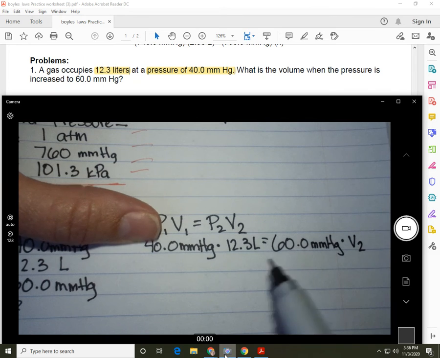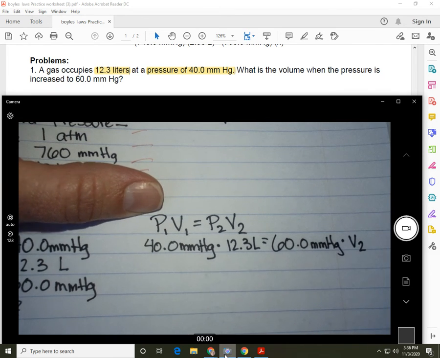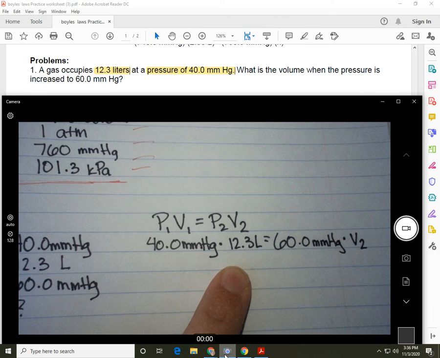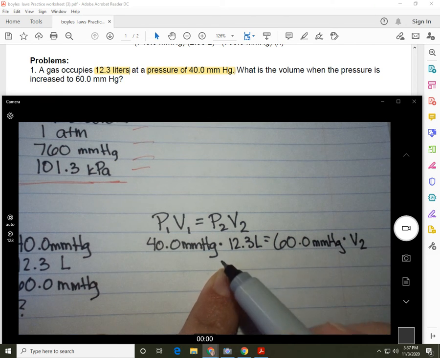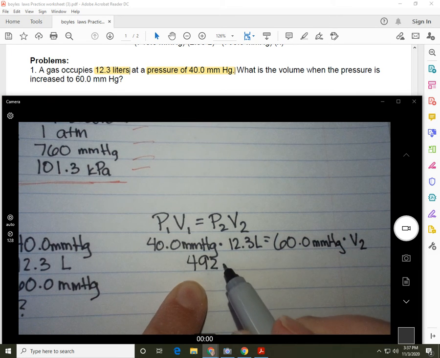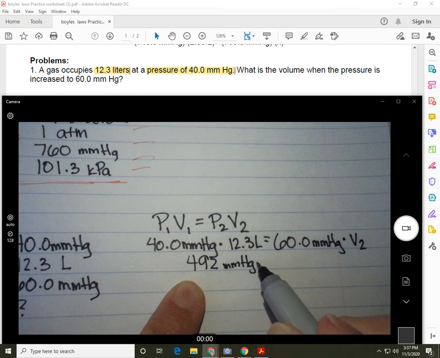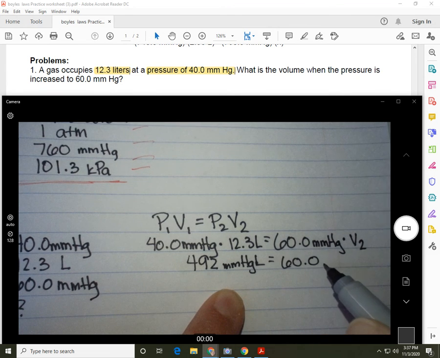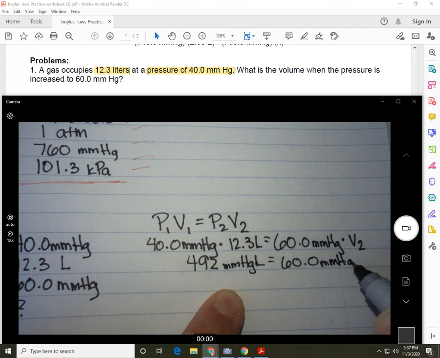So let's see, what can I do? I can go ahead and multiply these two numbers here. If I multiply 40 times 12.3, I'm going to get 492. And I need to keep my units. I haven't done anything to the right side of the equation yet.